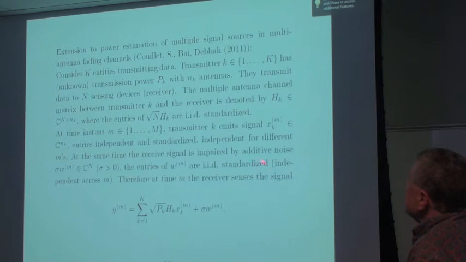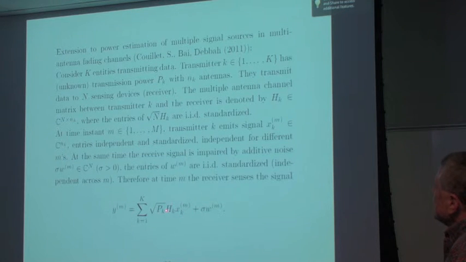So this is where we needed different assumptions on the distribution. Because from what I understand, what's coming from the individual cell phones can be modeled very well by independent identically distributed but discrete random variables. They're like digital things; they're coded. So at time little n, the receiver senses this signal.